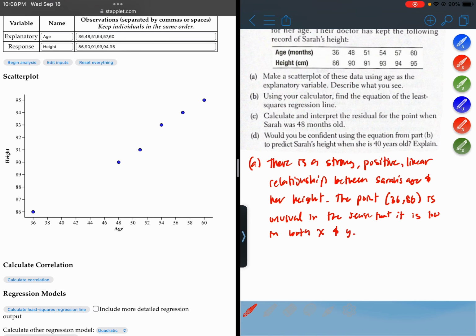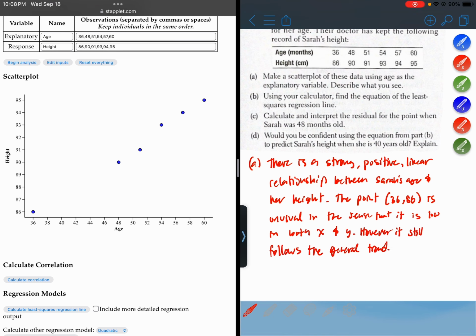However, it still follows the general trend of the other points.